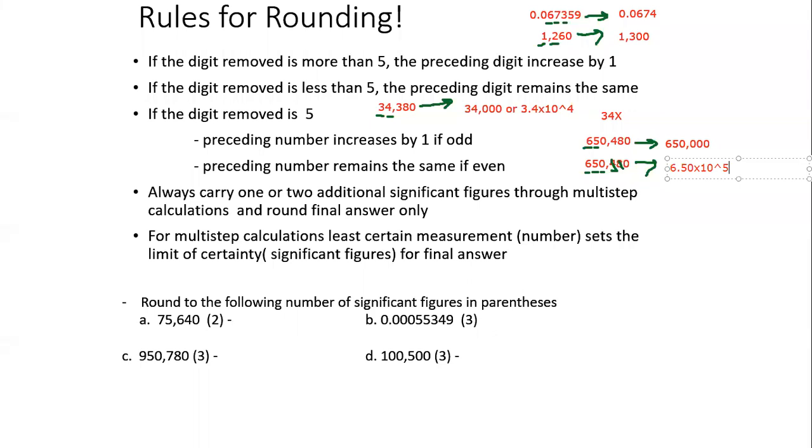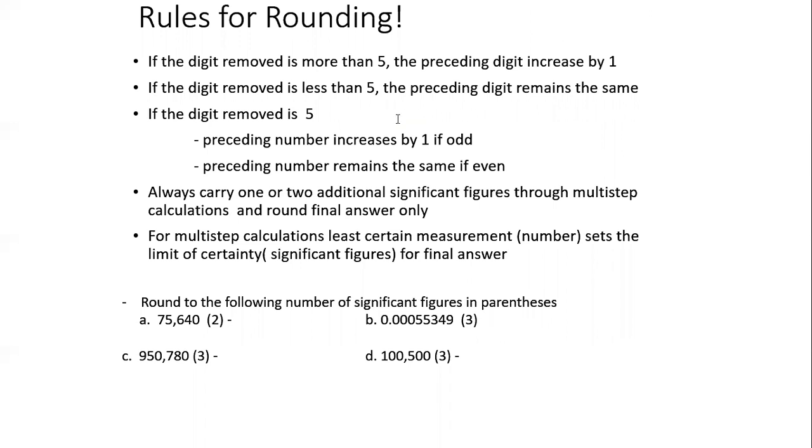Now the discrepancy comes when the digit to be removed is exactly, again, this is important, exactly 5. So 5000, etc. So if the digit to remove is 5 and the preceding digit is odd, we increase it by 1. If it's even, it remains the same. So we'll look at a few examples of that.